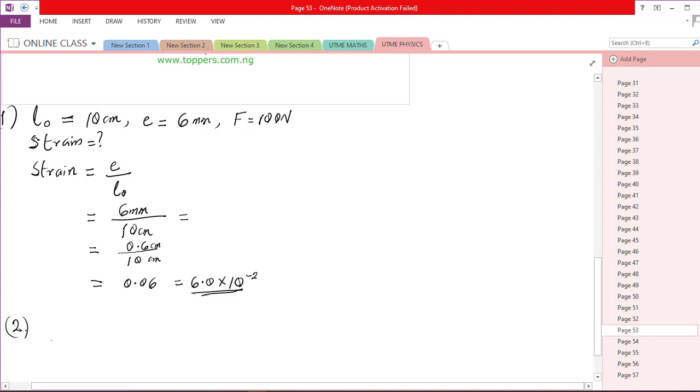So what they gave us here is astronomical telescope. So I think that is C.